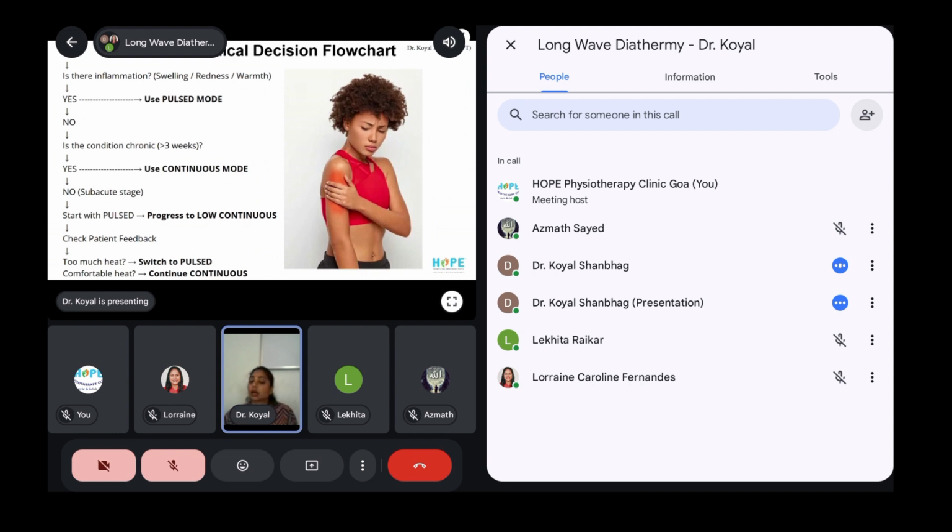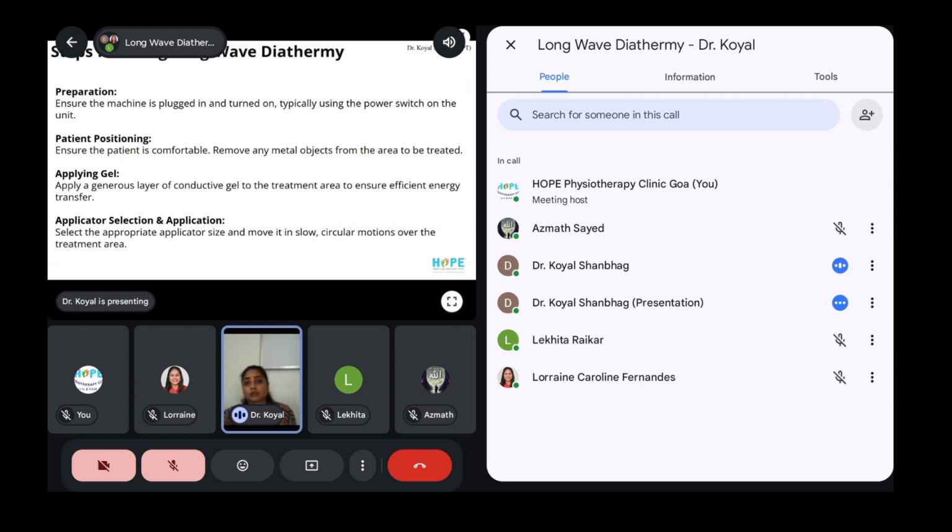If it is not, then we are supposed to consider it as a subacute stage, wherein we can start with pulsed and progress to lower continuous and then continuous. We should also ask for patients' feedback. If they feel that it is too much heat, we can switch to pulse mode.